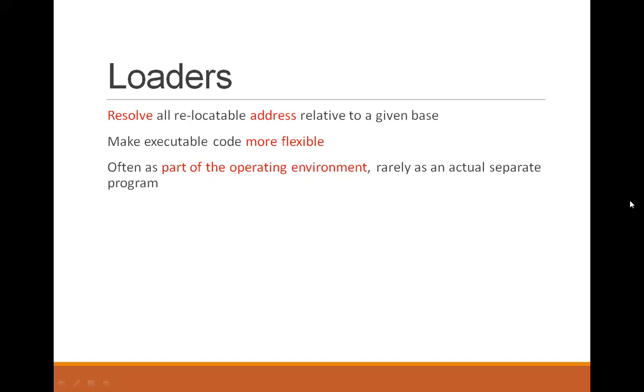So each program requires a certain amount of space inside RAM. We have discussed that in great detail when we talked about memory management. So loaders are responsible for resolving all the addresses starting from the base address, starting from the first instruction of the program.